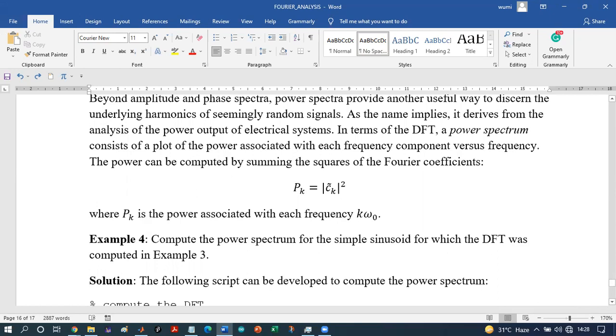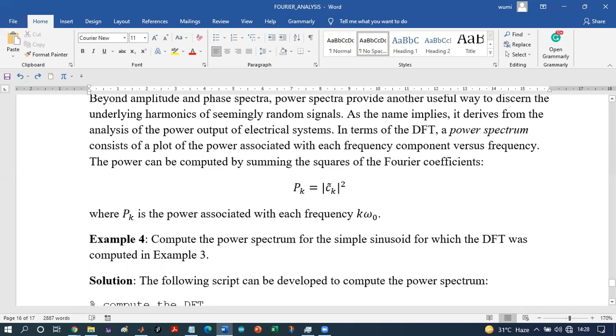That's what the power spectrum is. This is a DFT at 8 points.